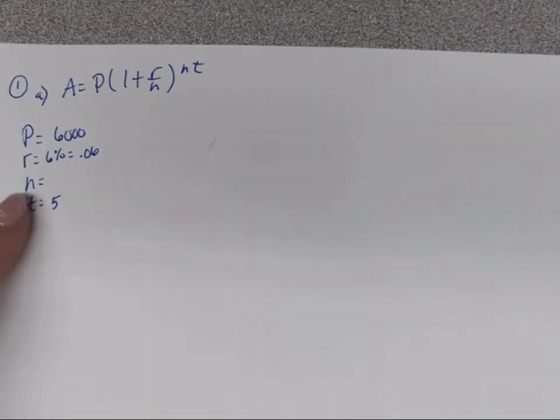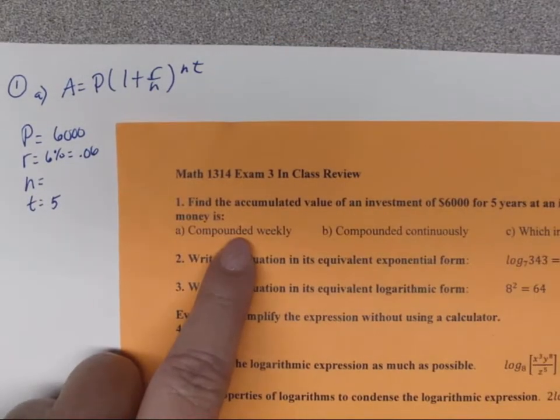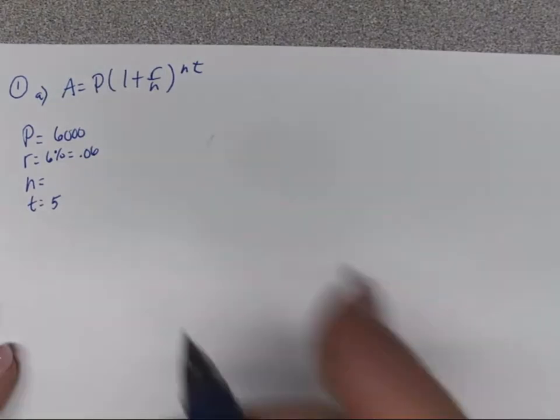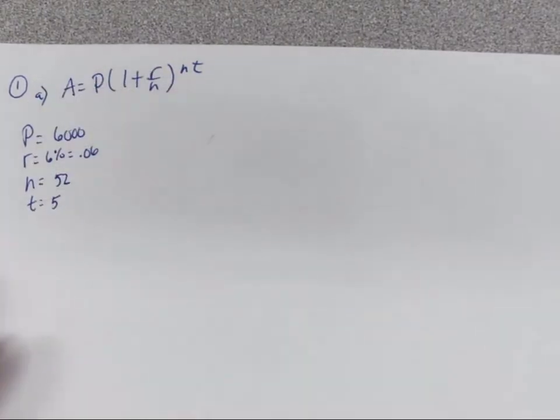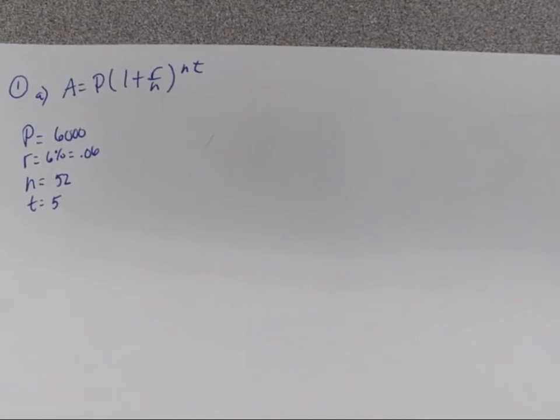Now, we need the N. Well, the N comes from compounded weekly. Weekly would be 52. Monthly is 12. Quarterly is 4. Semi-annually would be 2. So think about a semicircle, a semi-annual sale. For quarterly, think about 4 quarters in $1, 4 quarters in a football game, things like that.